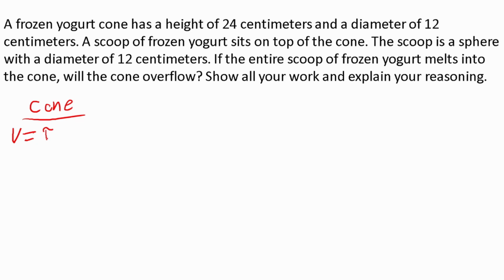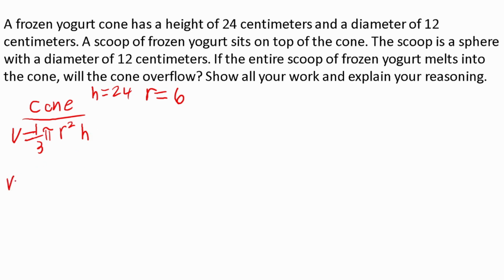V equals, sorry, 1/3 pi r squared times h. So let's get our units. The height of the cone is h equals 24. And then the diameter is 12. But if the diameter is 12, that means our radius is half of that, which is 6.